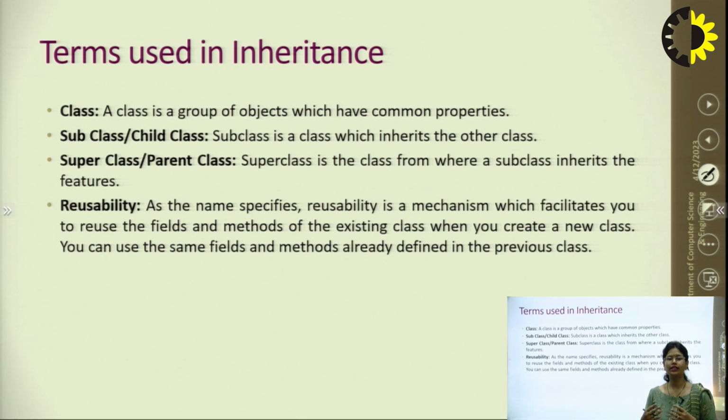The parent has features which are inherited by your subclass. Next is reusability. As the name specifies, we are reusing the fields and methods of an existing class in another class. Suppose there is a method in a parent class, we use that same method in the subclass.